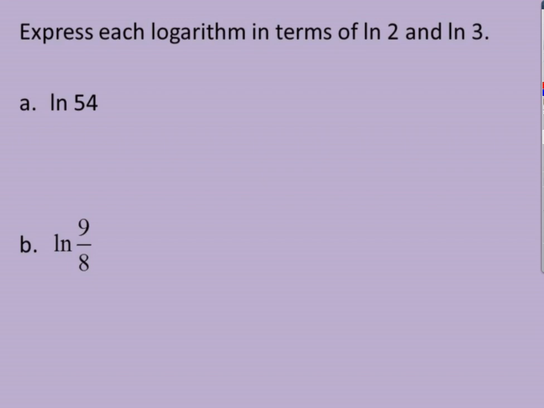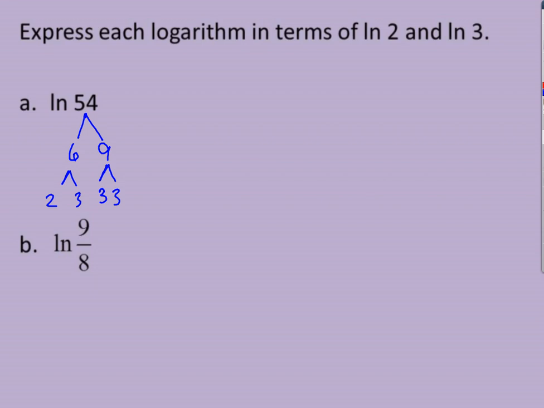So we want to express each of these logarithms in terms of the ln of 2 and the ln of 3. So first we need to break down 54. 54 is 6 times 9. 6 is 2 times 3, and 9 is 3 times 3.